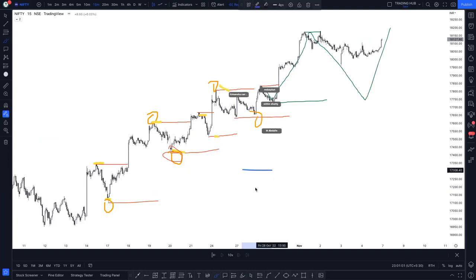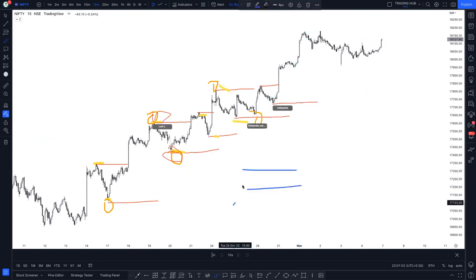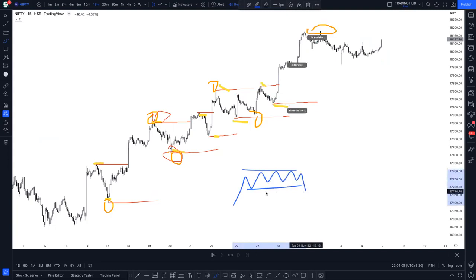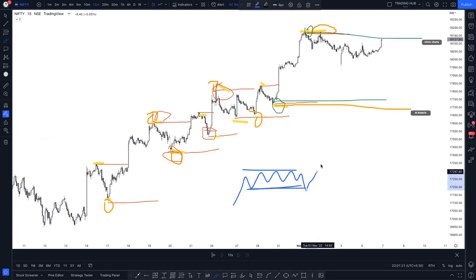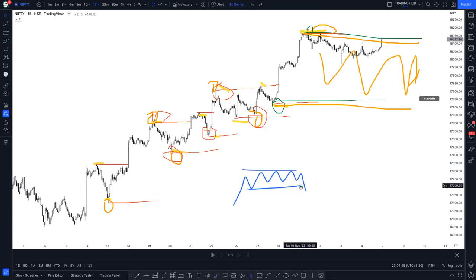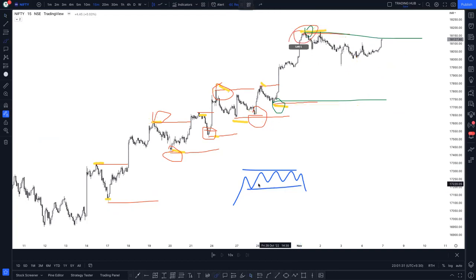For example, here this is your Asian, right? And then the London session manipulates the session low and then goes higher, right? And maybe if this low is not taken out, then the market takes out this high and goes low. And sometimes the market simply follows the Asian and goes higher. London also continues, right?